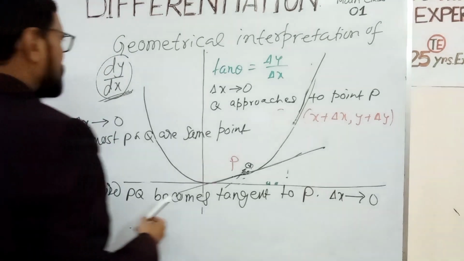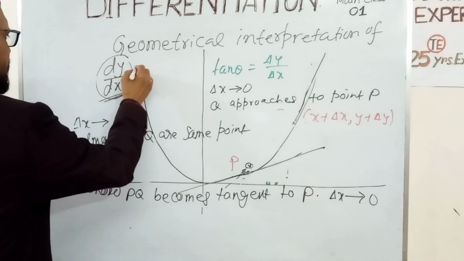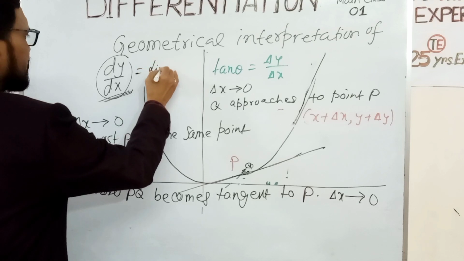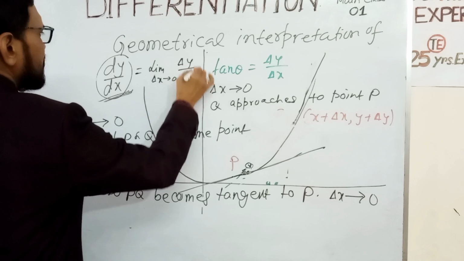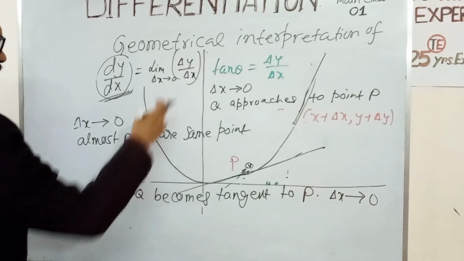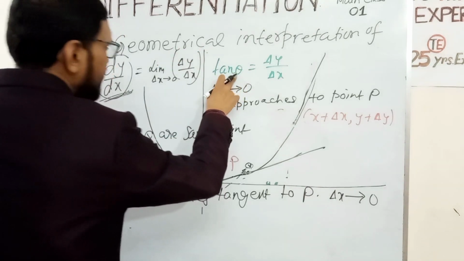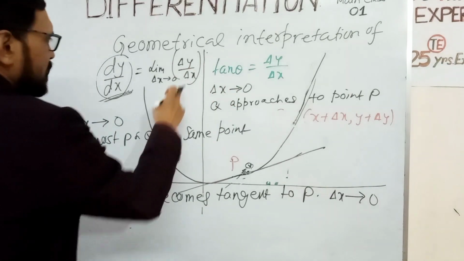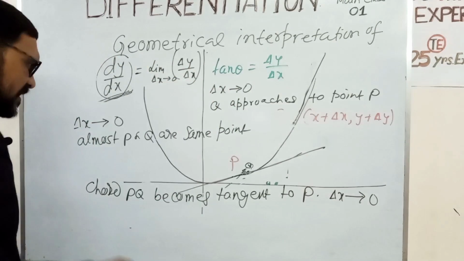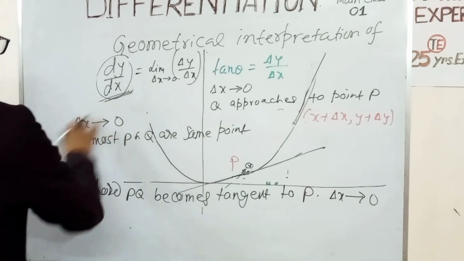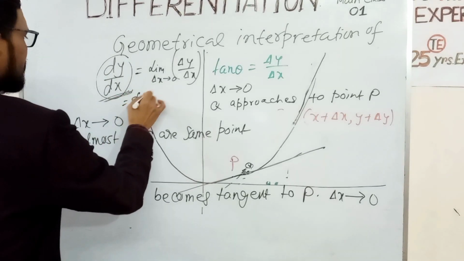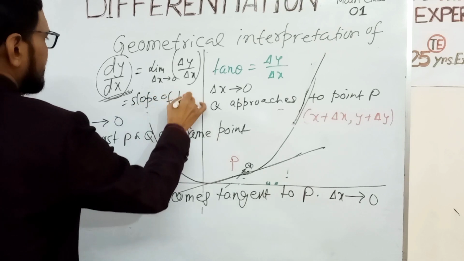So dy by dx, we know, is the limit as delta x tends to 0 of delta y by delta x. Now what is delta y by delta x? Delta y by delta x equals tan theta, that is the slope of the line. Now this becomes the slope of the tangent, since the tangent is a line.